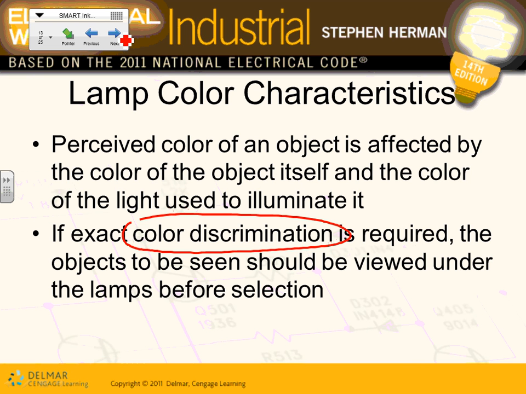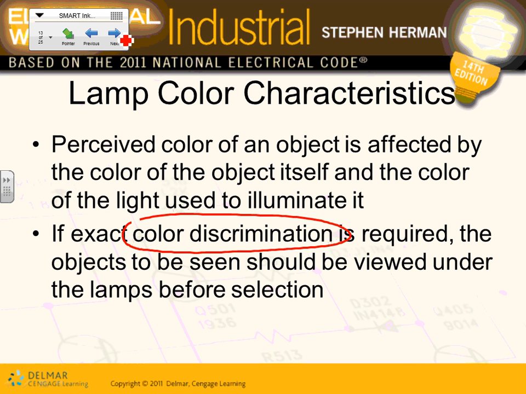You don't want a fixture that makes all the cars look alike. That's why it used to be that your fixtures of choice were metal halide and high pressure sodium, because they give you a minimum amount of color discrimination where you can see and distinguish between your cars, but they're not really the best when it comes to color discrimination.